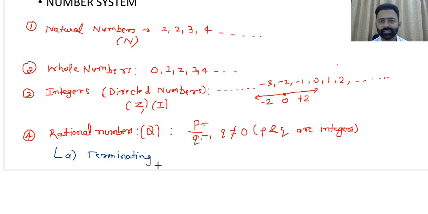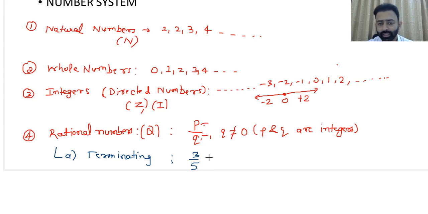If we find the decimal equivalent of that rational number, means if we divide and we get a final digit, for example, 3 by 5. It follows every rule to be called a rational number. 3 and 5 are integers, and 5 is obviously not equal to 0.